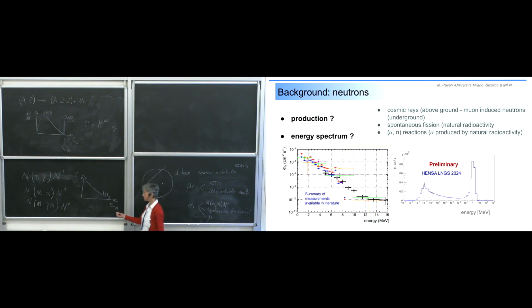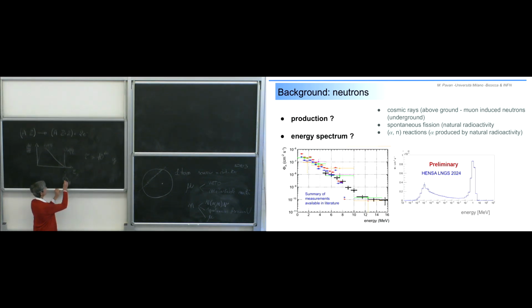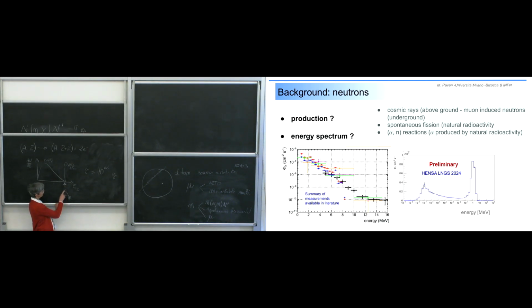And this is also the interaction that produces background in my mimic double beta decay, because of course here we decided that our candidate has a transition energy of 2 MeV, so a neutron cannot produce a nuclear recoil of 2 MeV.